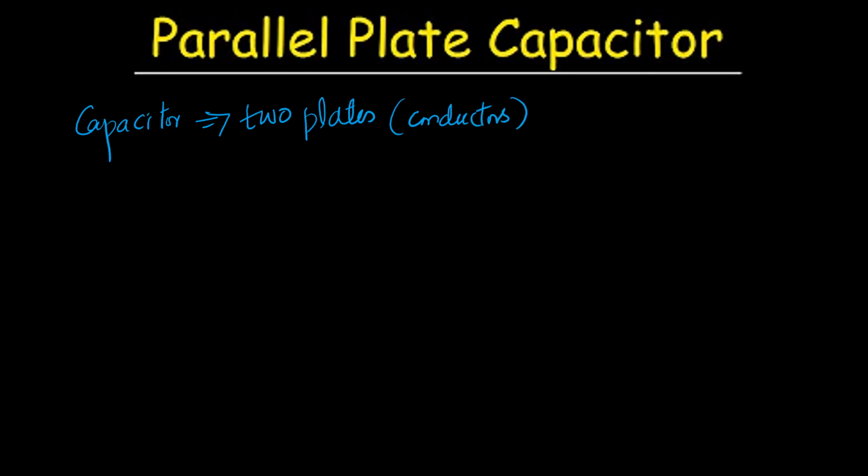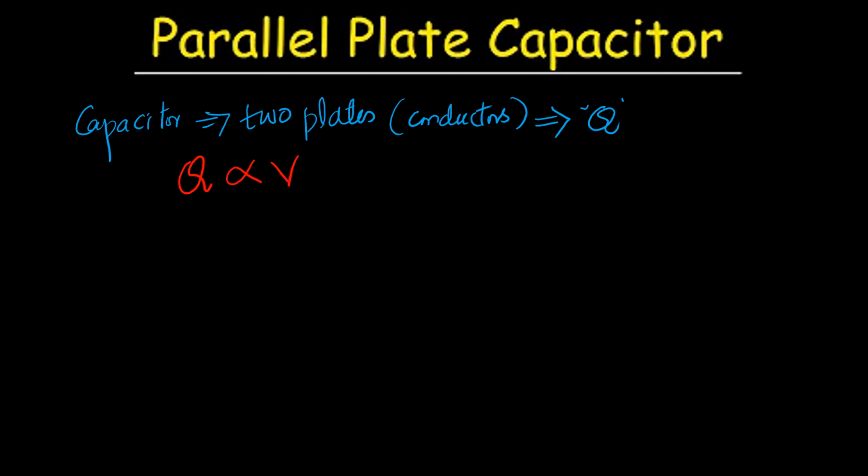The conductors of a capacitor basically store charges, and these electrical charges cause the creation of a potential difference between the plates of a capacitor. So we can write that the charge stored in a plate of a capacitor is directly proportional to the potential difference between the two plates.